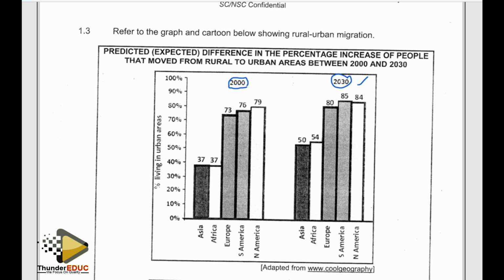The difference here is just 7%. South America 76 and 85, which is a difference of 9. Then we look at North America from 79 to 84, which is a percentage increase of 5%.